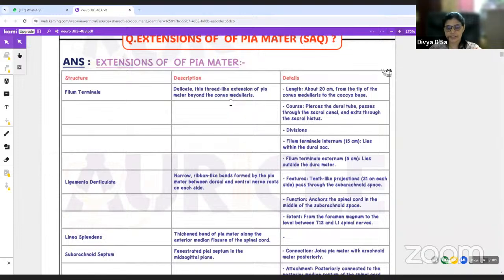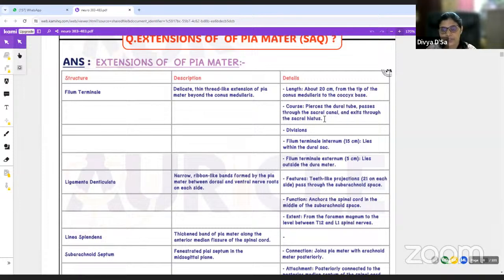The conus medullaris extends till the level of L1 or L3. The length is about 20 centimeters from the tip of the conus medullaris up to the coccyx. It pierces the dural tube, that is the outer dura mater, passes through the sacral canal and exits through the sacral hiatus.